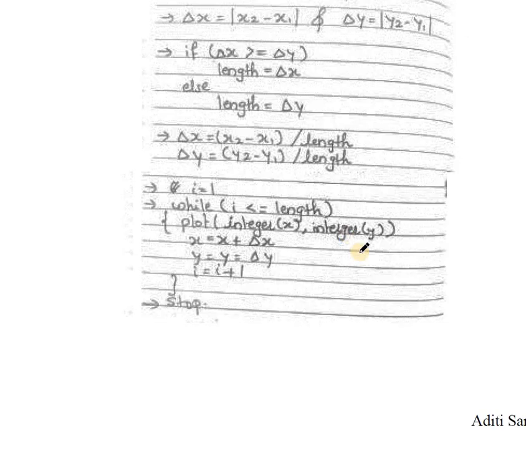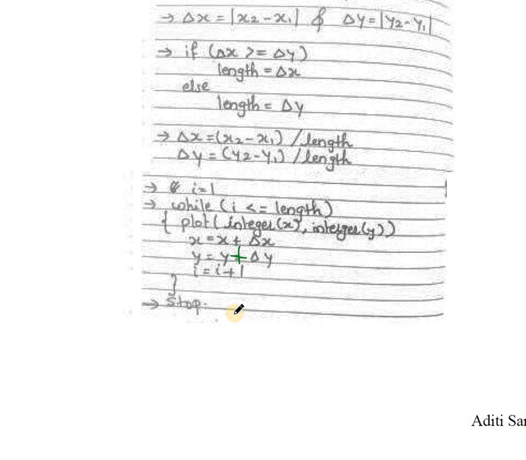The integer method is used over here to specify that even if it is a floating point number, you have to convert it into an integer. The new x value is calculated as x plus delta x. The new y value is calculated as y plus delta y. I is equal to I plus 1 and then we eventually stop. So this was all about DDA line drawing algorithm.